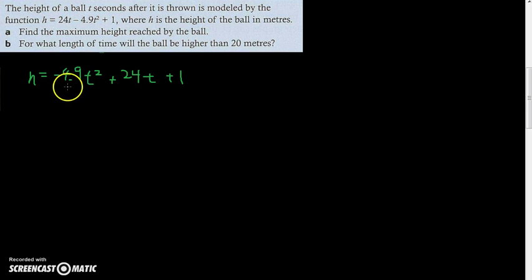The reason why I do this is to have a better picture of my parabola. My leading coefficient, my a, is negative, which means my parabola opens down. And if my parabola opens down, my vertex is going to be a maximum point, which is what part A is asking. They want us to find the maximum height.